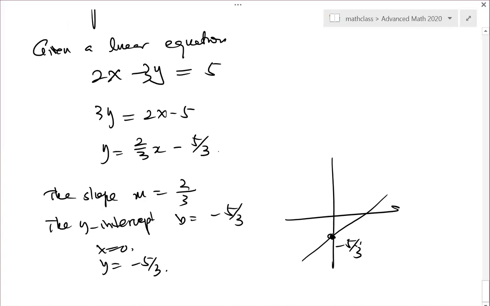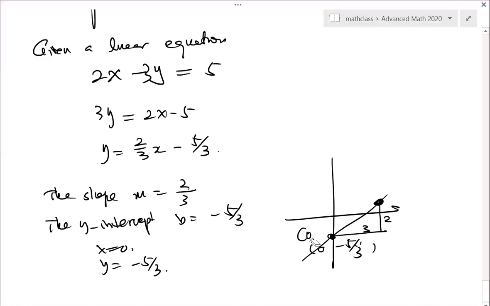So going back and forth, given a line you can get the equation, a linear equation. Conversely, given the equation you can get the line. If you know the point and the slope, then you can uniquely determine the line, because the slope tells you if this side is 2, this side is 3. So you get another point, because 2 points uniquely determine a line. This is 0 and negative 5 over 3.